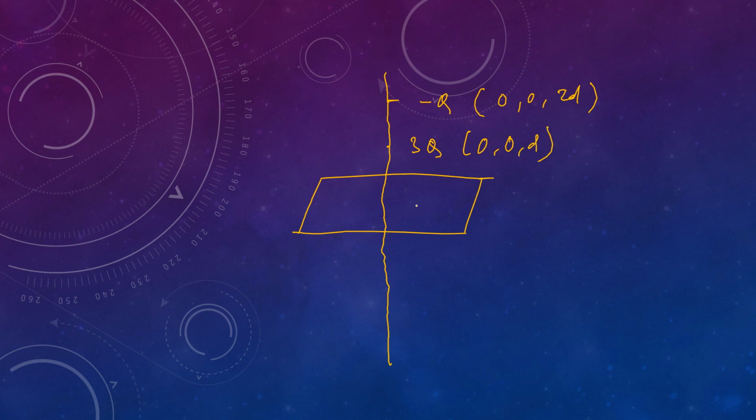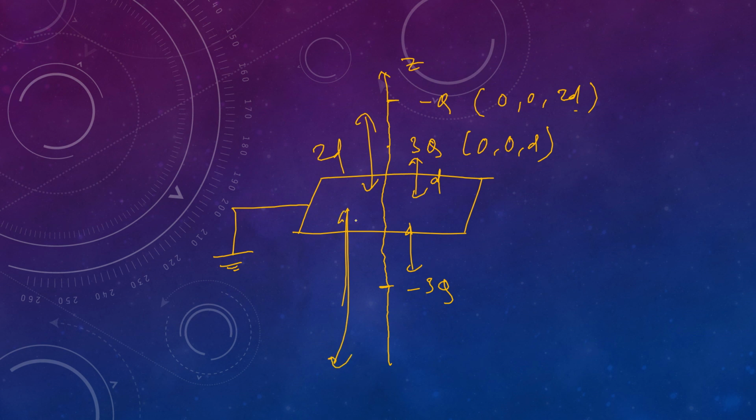At a point (0, 0, z), we need the electrostatic potential of this charge distribution. This is the z axis, of course, because z coordinates are given. This is grounded. So this is d distance. That means at exactly d distance below there will be another minus 3q. This is 2d distance, so exactly at 2d distance there will be plus q. Isn't that right? So at a point here (0, 0, z), you have to find the electrostatic potential.